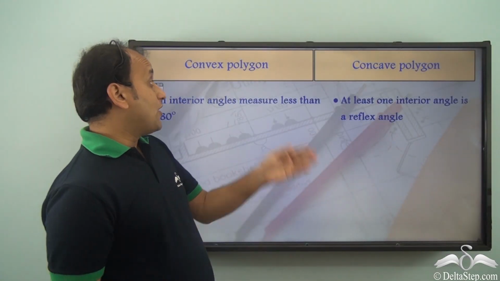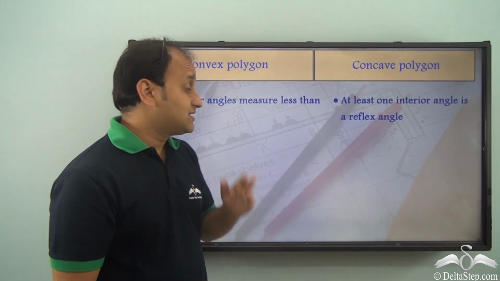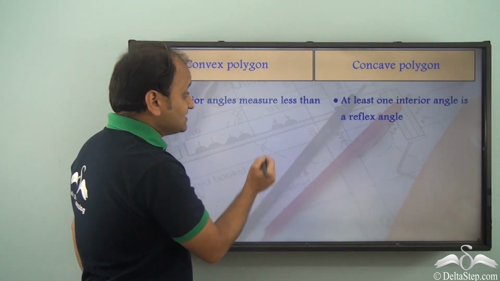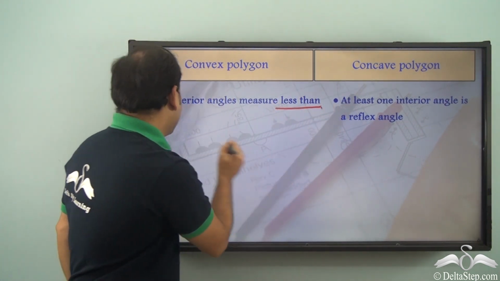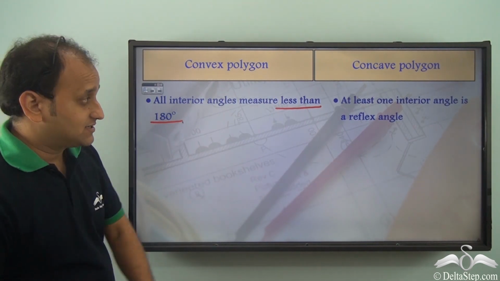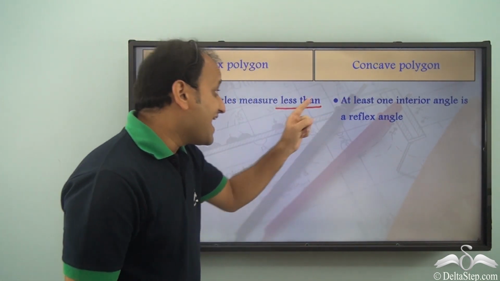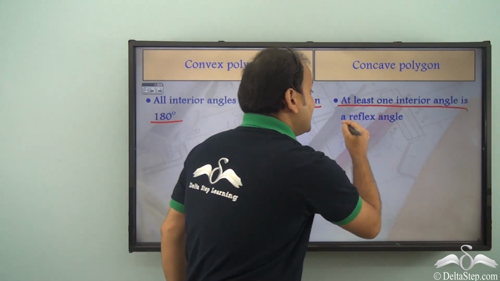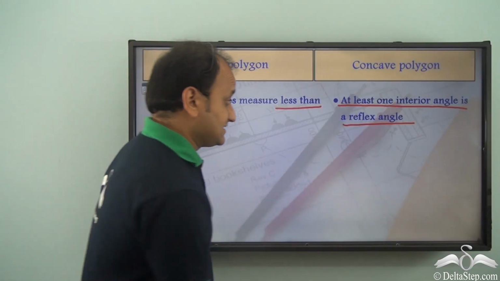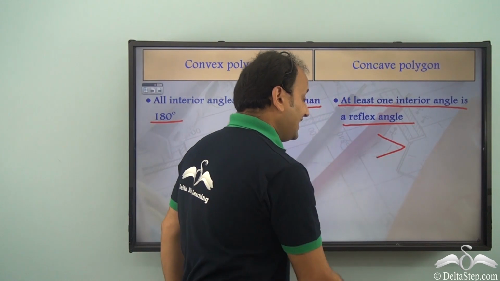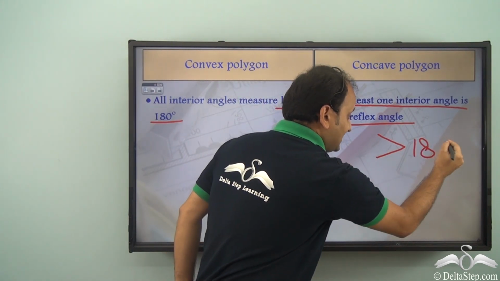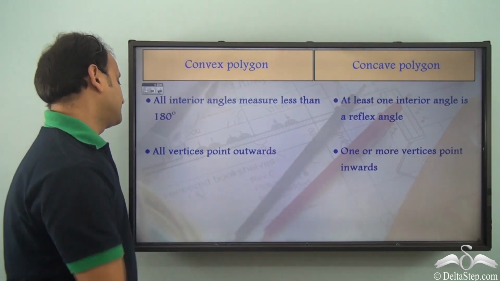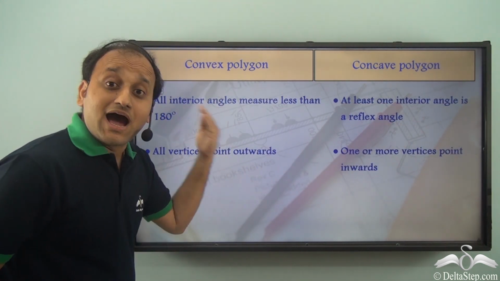So, what do we know about convex and concave polygons? Well, in the case of a convex polygon, all interior angles measure less than 180 degrees, while in the case of a concave polygon, at least one interior angle is a reflex angle, which means greater than 180 degrees. Apart from that, all vertices point outwards.